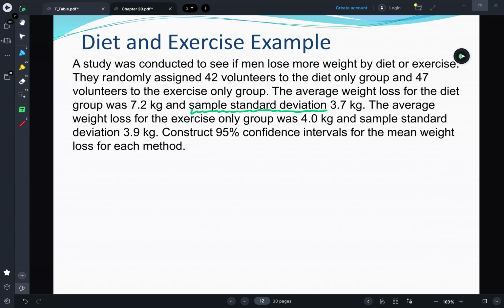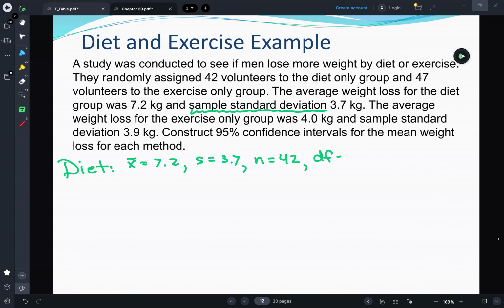So let's do the diet first. For the diet, we have X bar equals 7.2 kilograms. S is equal to 3.7 kilograms. We have N equals 42 volunteers.